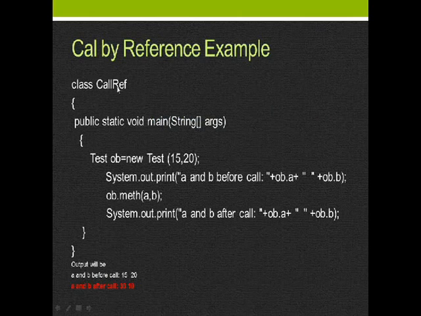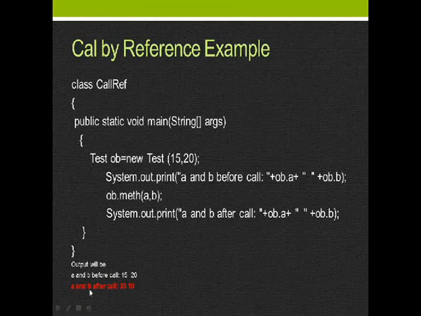Now call by reference. This is a class name and this is similar, Test ob = new Test(15, 20). A and B before call, the output will be A and B printed with values 15 and 20, and after calling the procedure math, with System.out.println we print the same values.